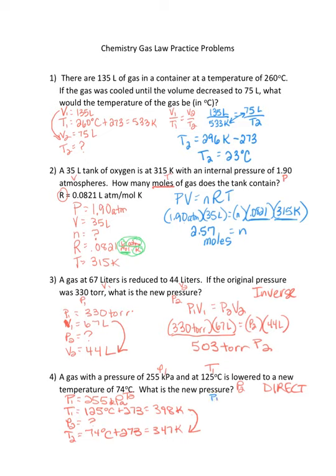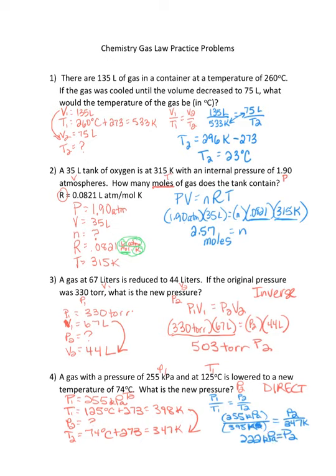Our equation is P1 over T1 equals P2 over T2. Plugging and chugging, we get 255 kPa over 398 K, lots of K's going on there, equals P2 over 347 K. Solving for P2, we get 222 kPa.